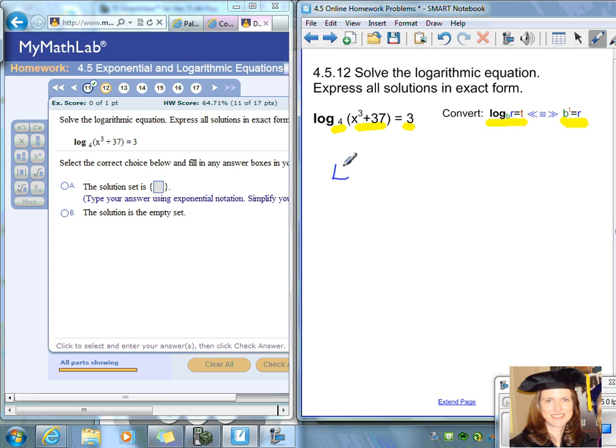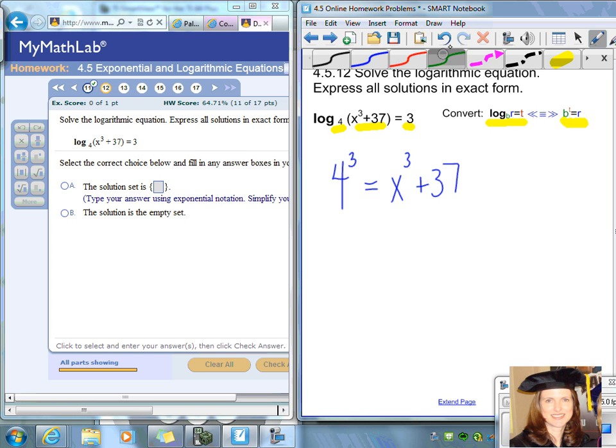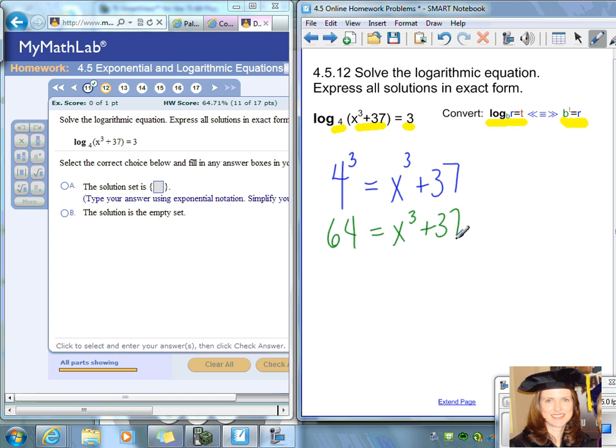So this is the same thing as base 4 raised to the power of 3 equals x to the third plus 37. All right, let's simplify 4 to the third power. 4 to the third power is 4 times 4, which is 16, times 4, which is 64. So when we simplify this, we get 64 equals x to the third plus 37.